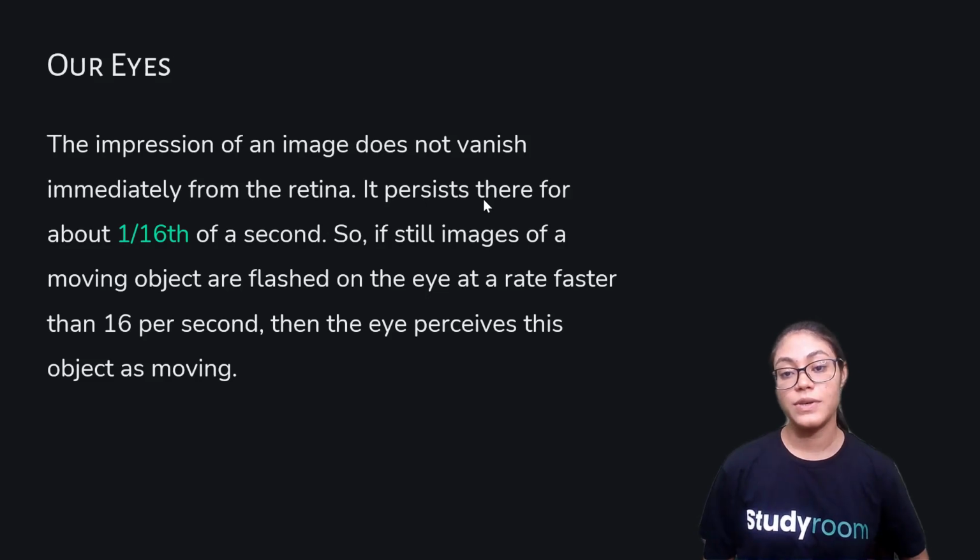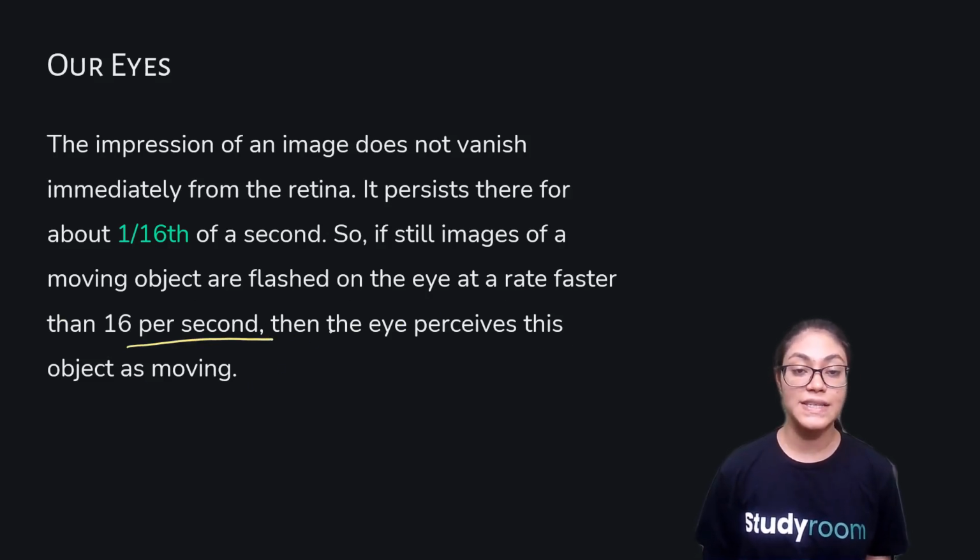So, if still images of moving objects are flashed on the eye at a rate faster than 16 per second, the eye perceives the object as moving. You all must have definitely experienced this, right?